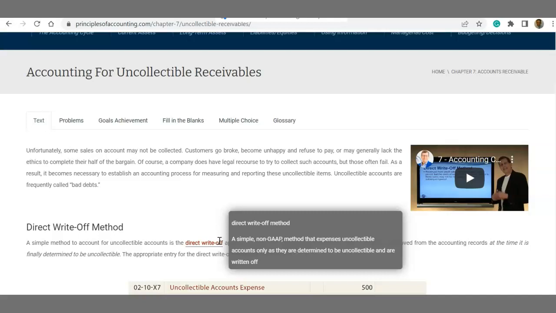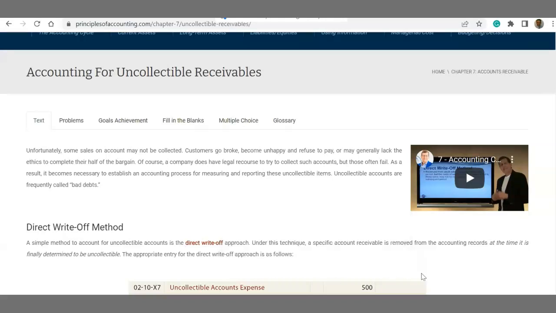The reason GAAP doesn't like this is because GAAP says, wait a moment, you cannot sell $1 million in 2021 and then wait till summer of 2022 and say, oh, $10,000 of that $1 million in sales in year 2021 cannot be collected and I'm going to write it off. GAAP says that's too late.